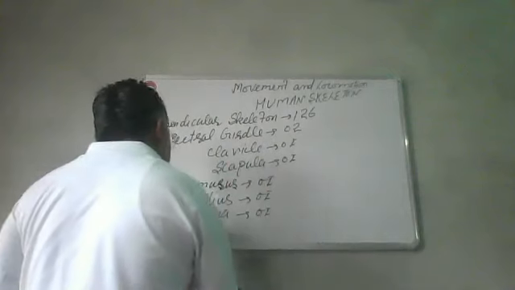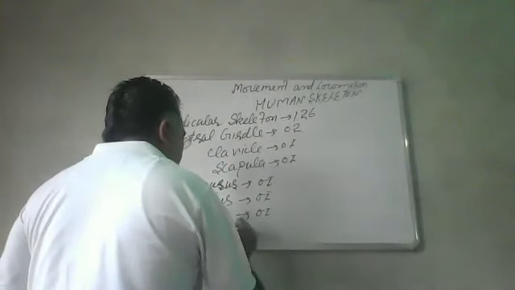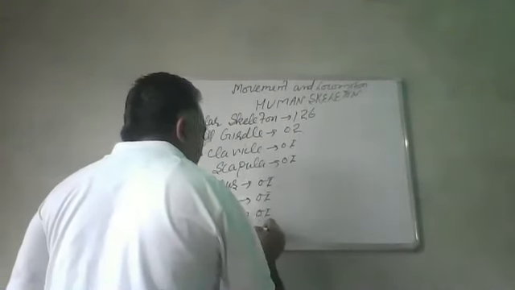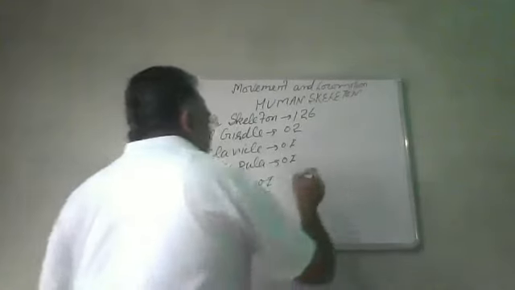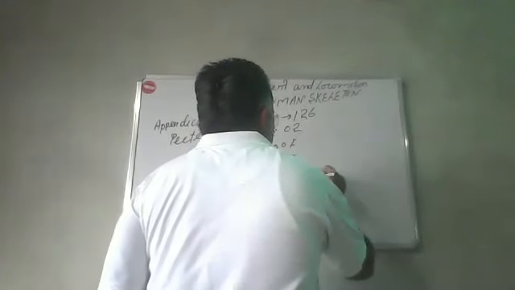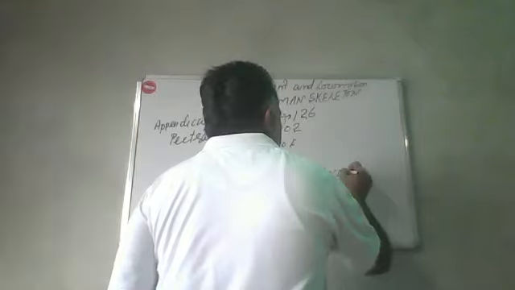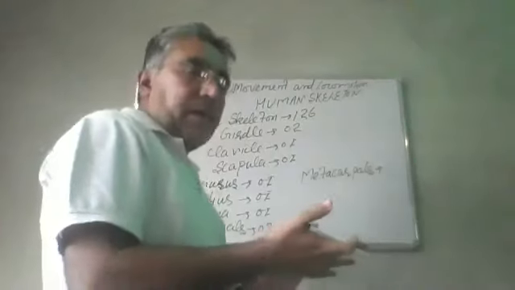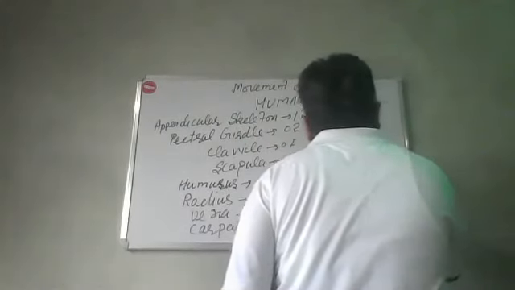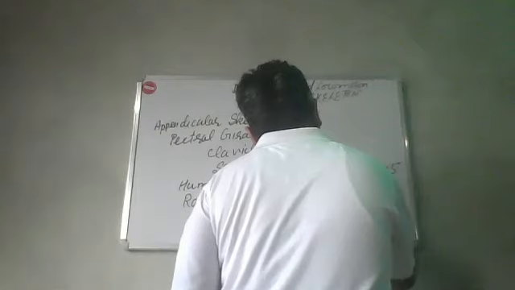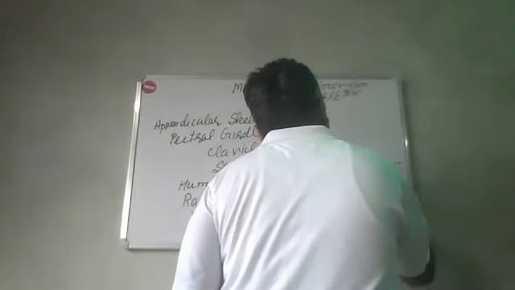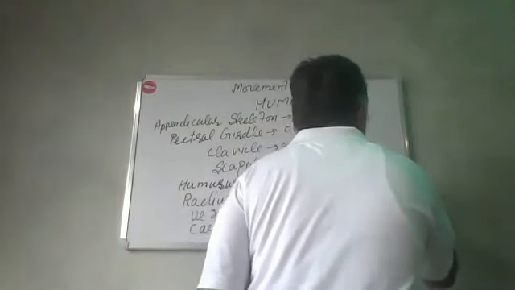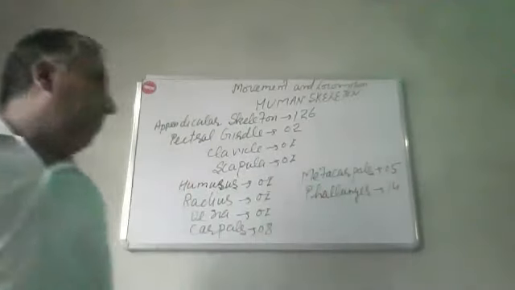And then carpals, also known as wrist bones. Carpals are 8, and then metacarpals. These are the palm bones, that is 5, and then phalanges, that is 14.